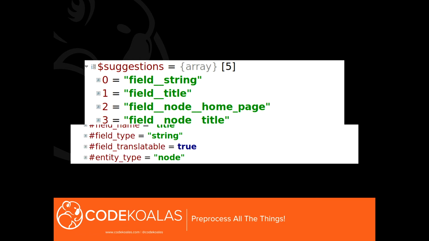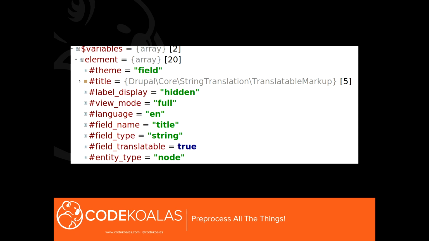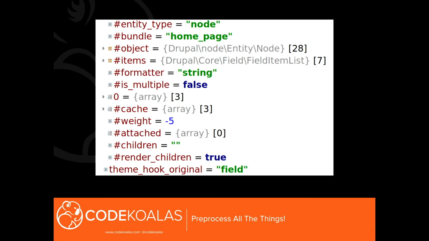Here's just some more variables that I have pulled up. All right, and that's the example I just showed. So in Twig, variables will be called by their associative key. Variables footer will just be called footer in Twig.